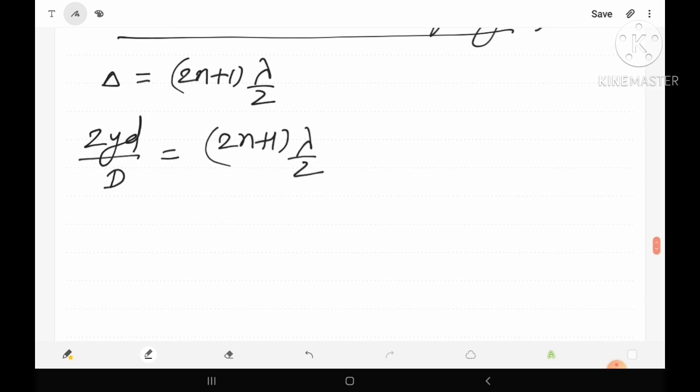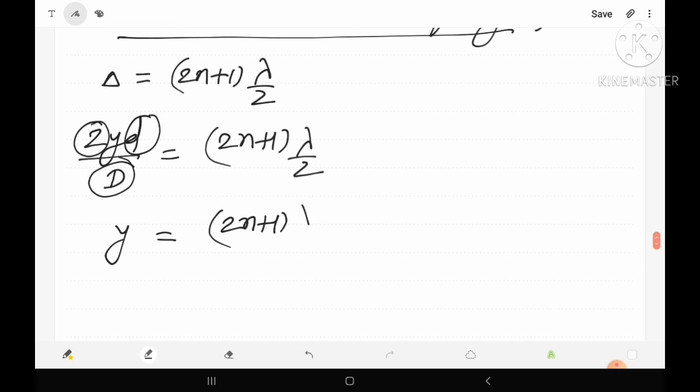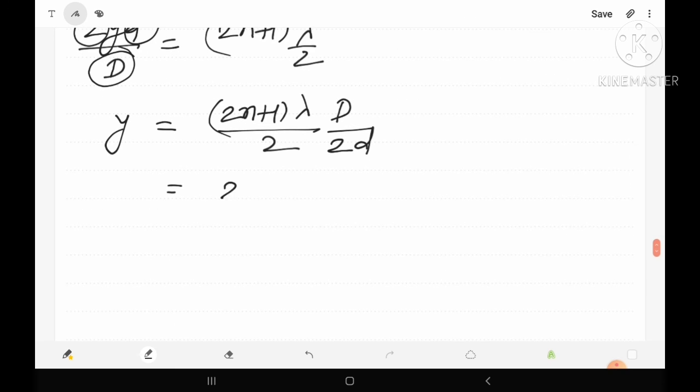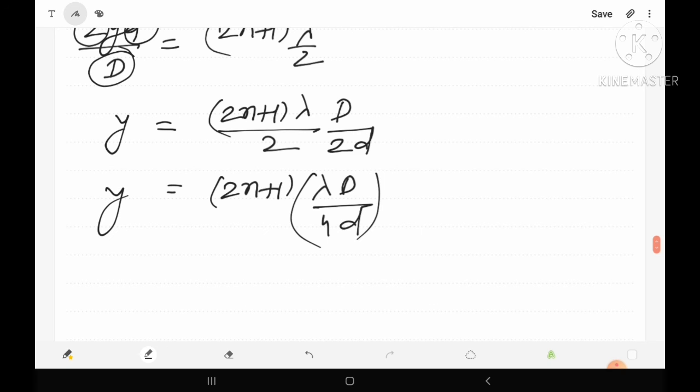Now, because d, 2 and capital D are constant, y is equal to 2n plus 1 lambda upon 2 into capital D upon 2 into small d. Let us solve. So we have 2n plus 1 lambda capital D upon 4d. Because it is for the nth dark fringe, write n.